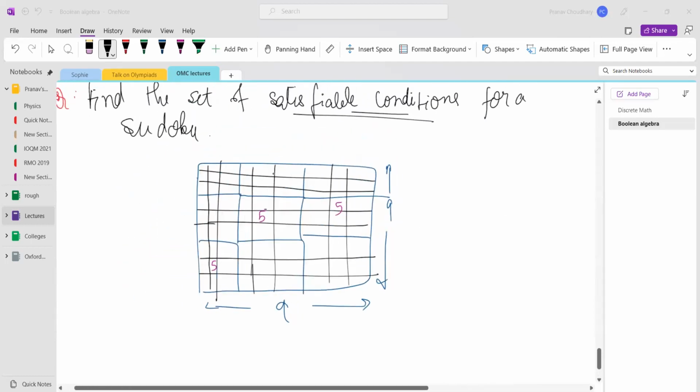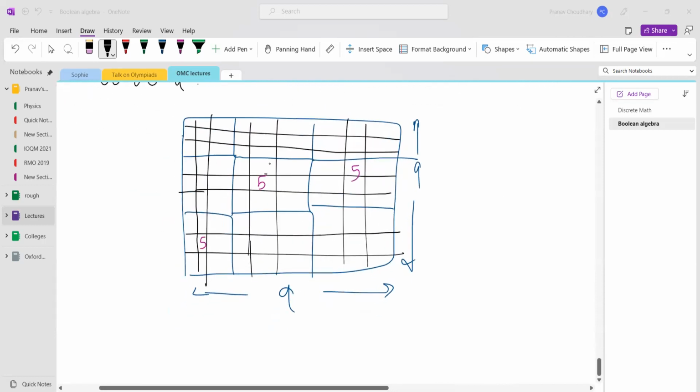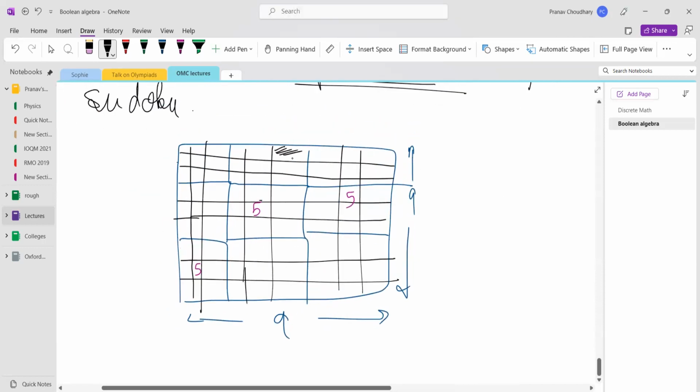So what I think he's trying to say is, let's consider this cell. We label all the rows from 1 to 9 and all the columns from 1 to 9.